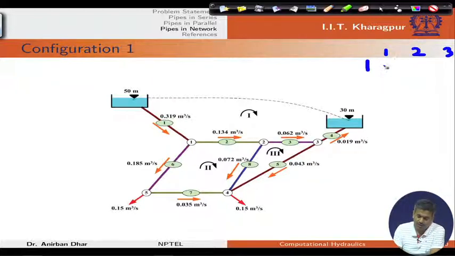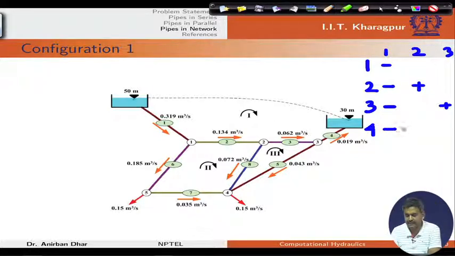For pipe 1 it is negative for loop 1, pipe 2 is negative for loop 1 but positive for loop 2, pipe 3 is again negative for loop 1 and positive for loop 3, and pipe 4 is connected to only loop 1.